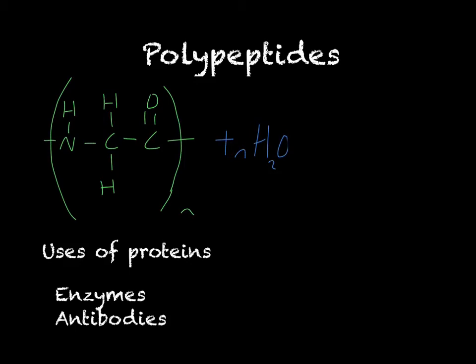They have lots of uses in the human body, for example as catalysts in the form of enzymes. They could be hemoglobin transporting oxygen, they could be antibodies, or they could be any number of other parts of our body. Polypeptides and proteins can contain different amino acids in their polymer chains, and the order of the amino acids is what gives proteins their different properties and shapes.